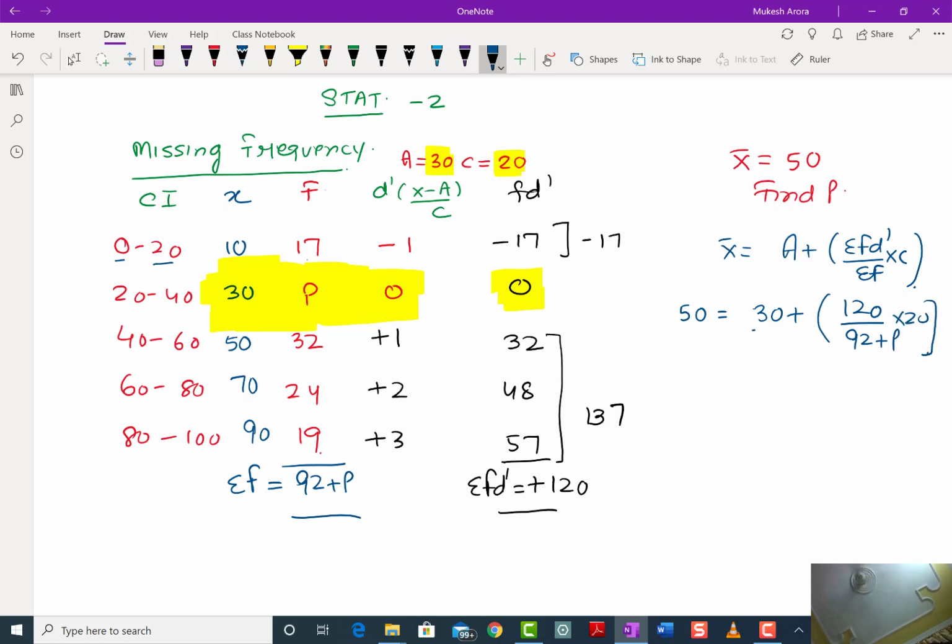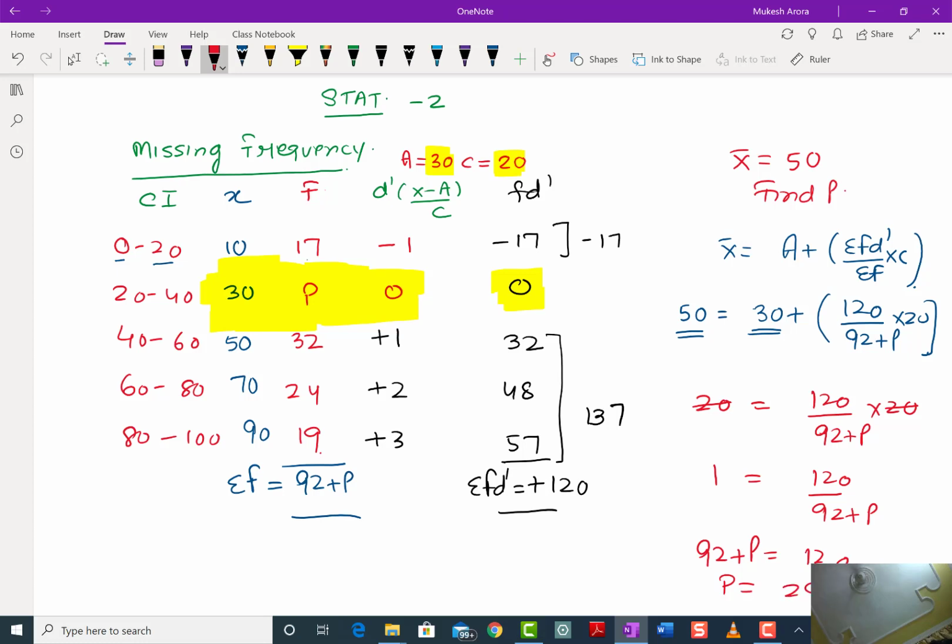First of all, subtract: 50 minus 30 will be 20, equal to 120 into 20 upon 92 plus P. This also gets cancelled. What is left is 120 over 92 plus P, cross multiply. 92 plus P is equal to 120, and P will be 28.